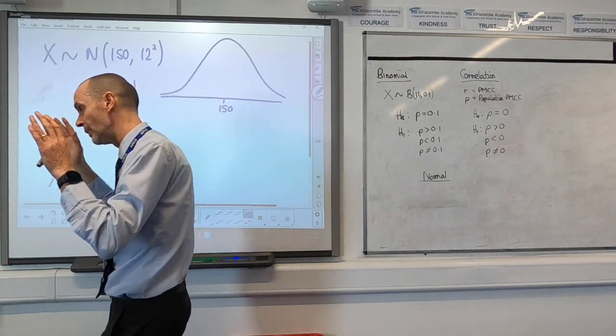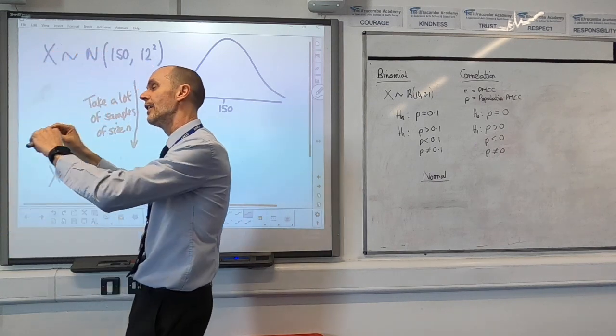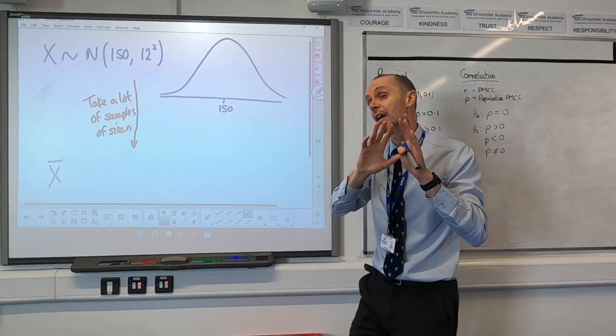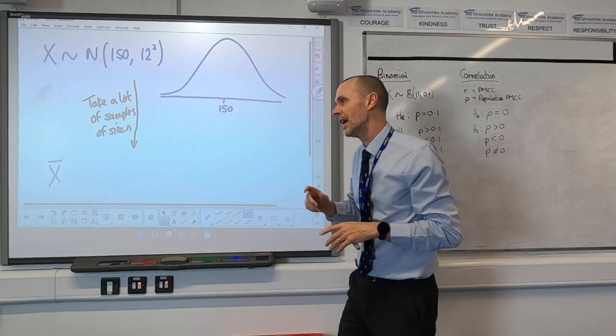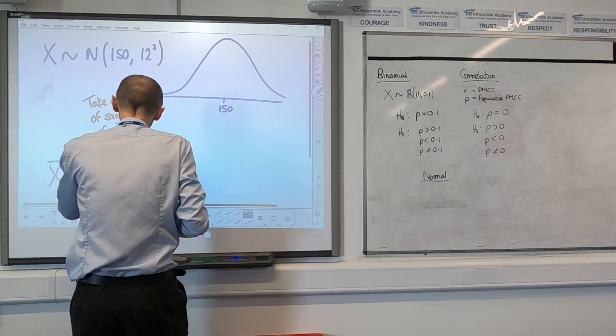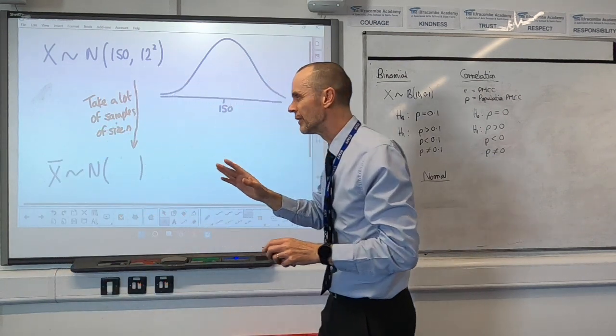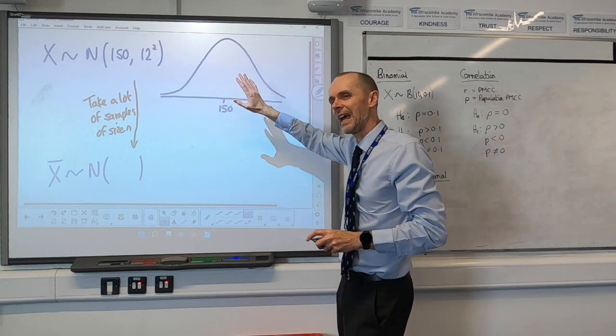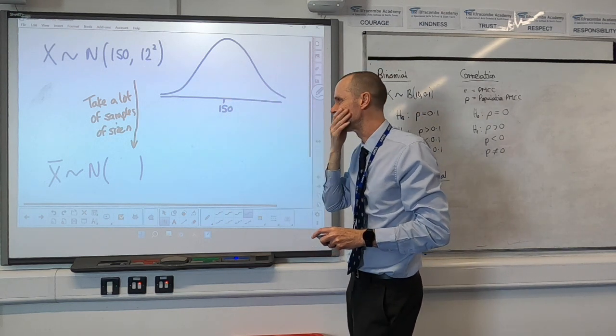So I took a sample of students the other day, worked out the mean height, and then I took a sample yesterday, worked out the mean height. And the question is, that's going to be normally distributed, but how is the distribution of those means going to compare with the distribution of the actual heights?